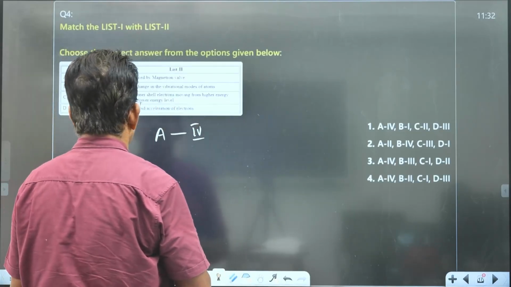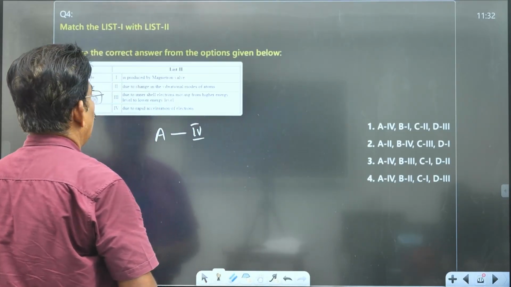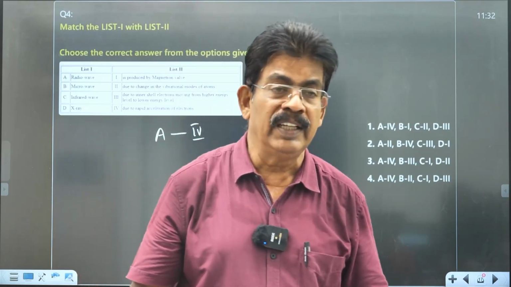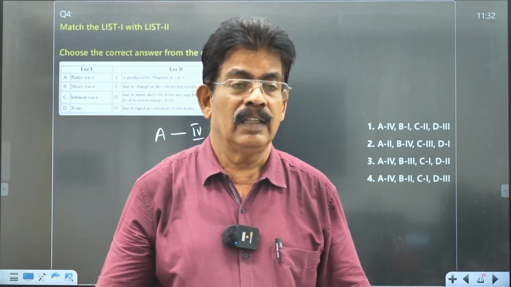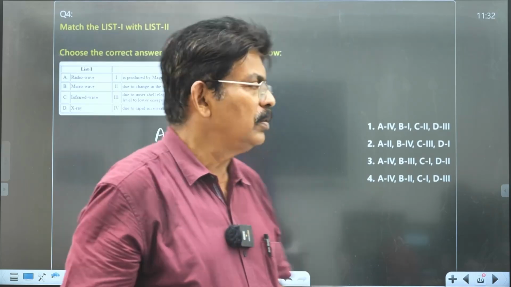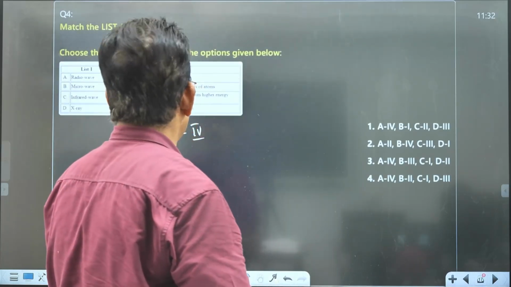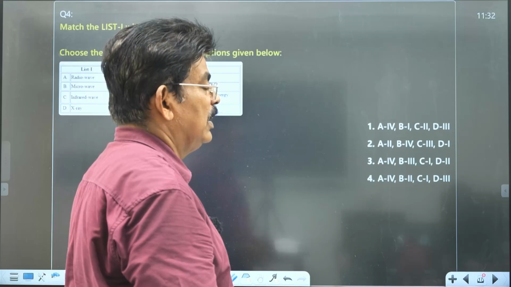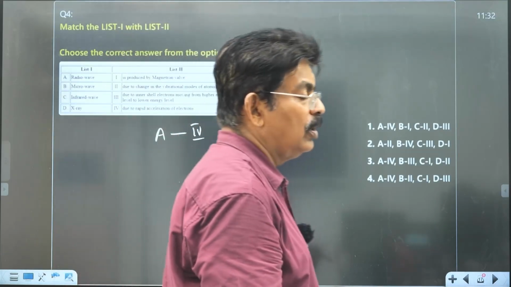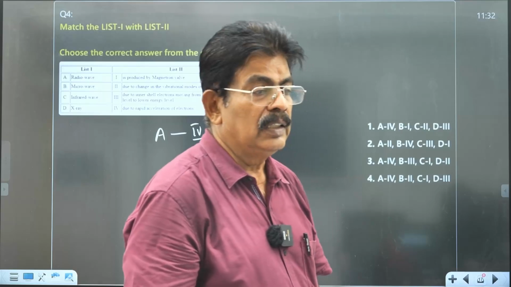Now microwaves are produced by, when you studied in theory, what is that? Magnetron, gun diode, etc. Klystron, not keltron, klystron, magnetron, and gun diodes.